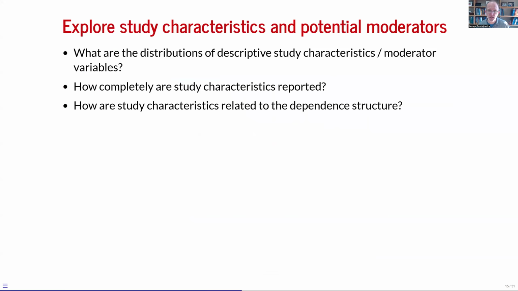Here, the questions that we're trying to answer are basic things like: what's the distribution of these characteristics across the set of included studies? How completely are the characteristics reported? We know in practice, oftentimes a lot of the information that you would like to have about studies might go underreported or be incompletely reported. And then how are those study characteristics related to the dependence structure?